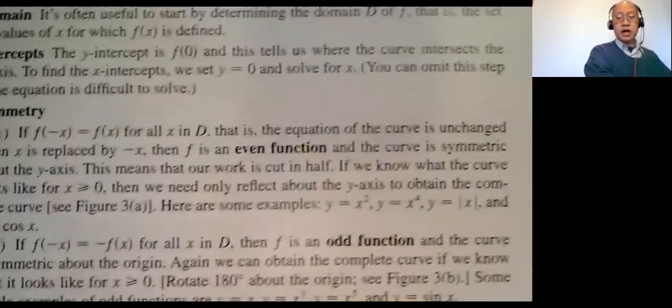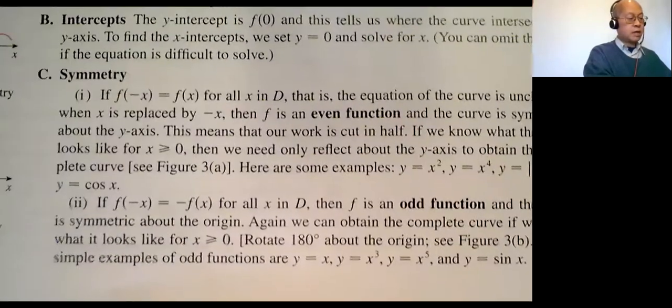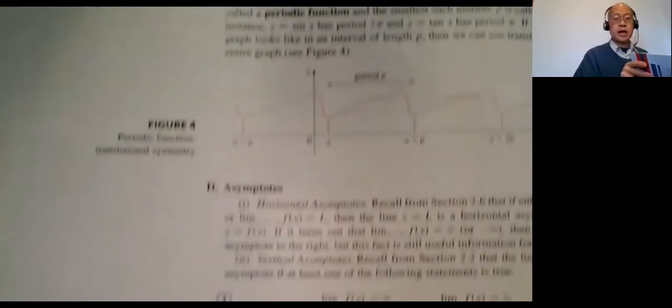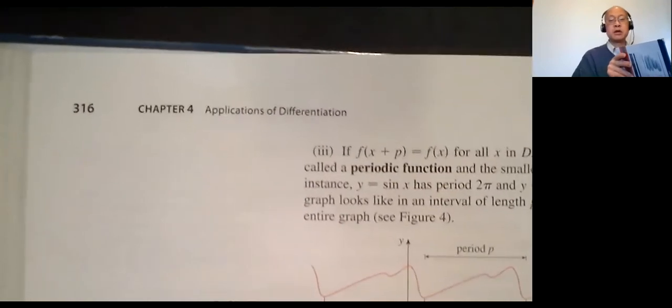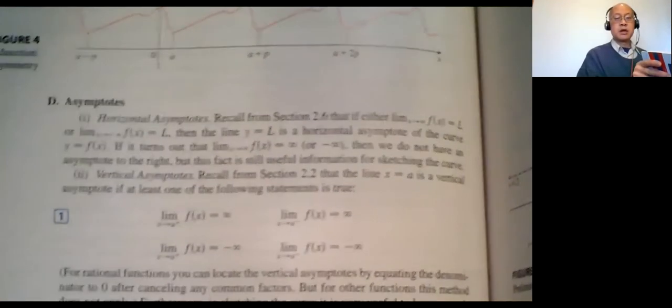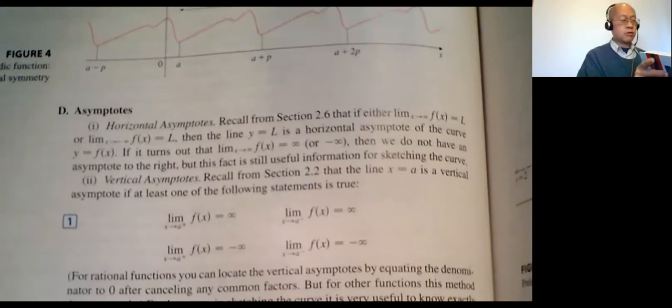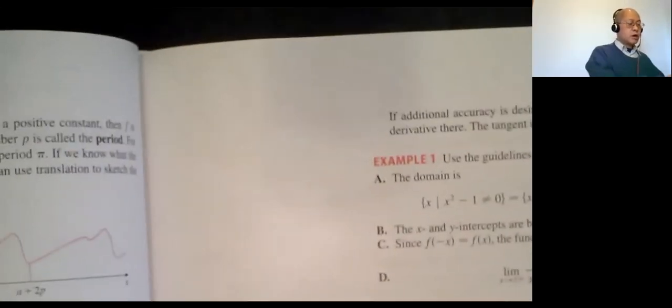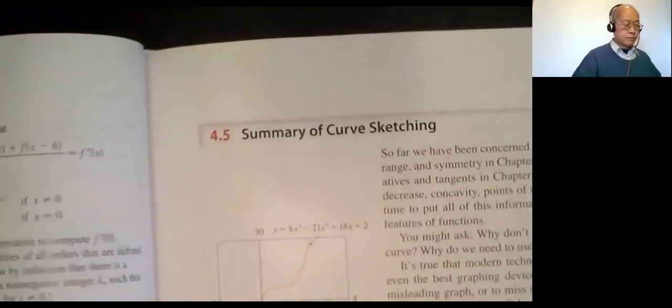Okay, remember even and odd functions, you had that in pre-calc, hopefully. Asymptotes, page 316. Asymptotes, horizontal and vertical asymptotes. All right, that was all pre-calculus stuff.